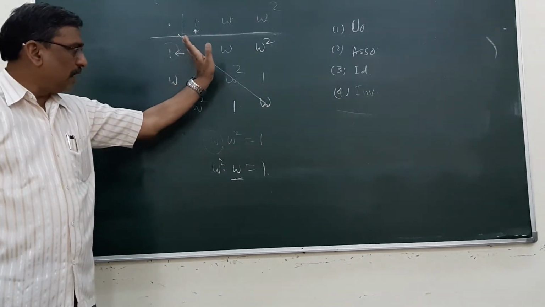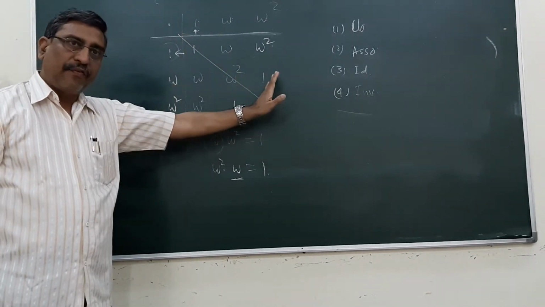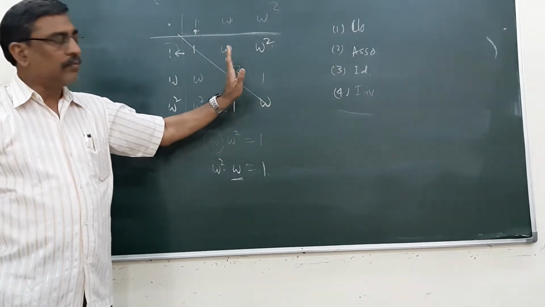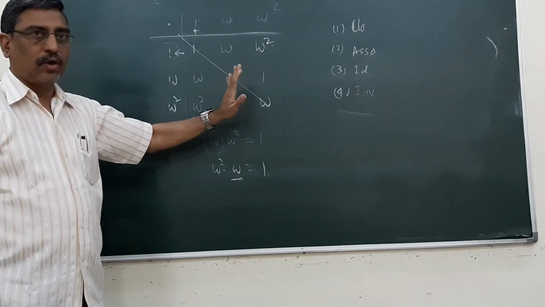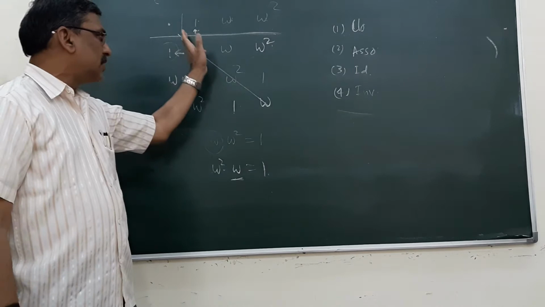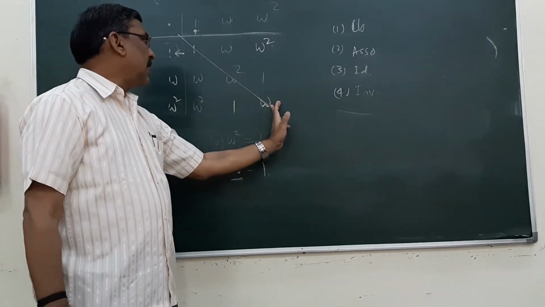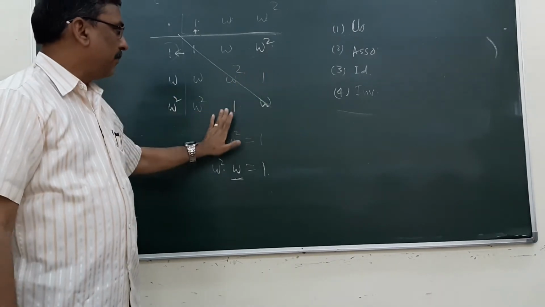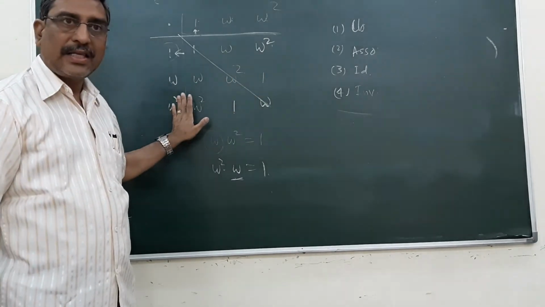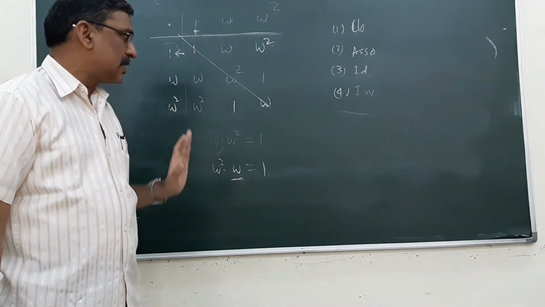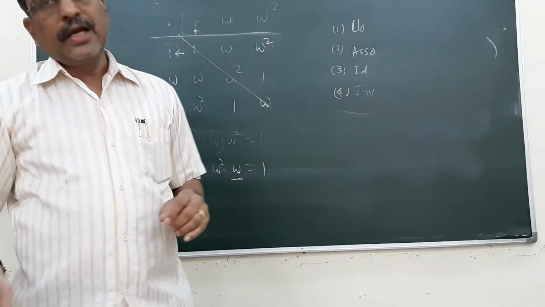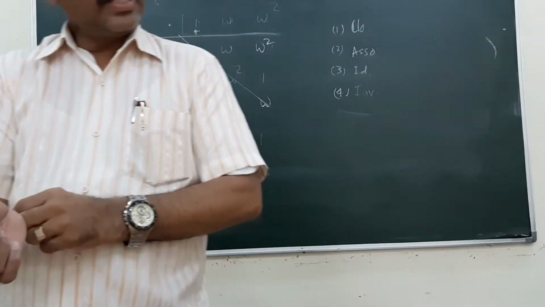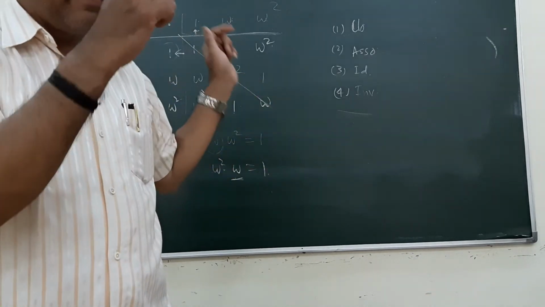Otherwise, if the entries are different, then this will not be a commutative group. So for a commutative group, we just see the elements about the leading diagonal are same, in sign as well as elements. So this is an abelian group.